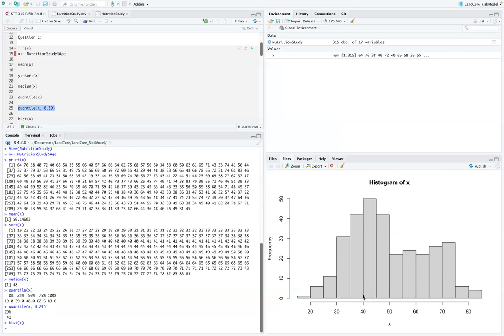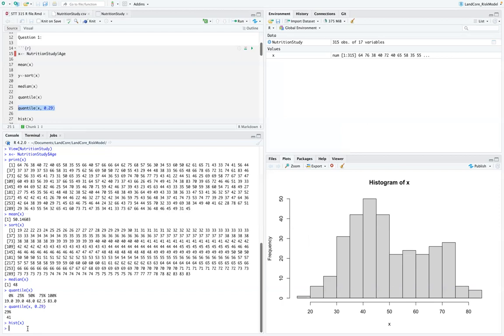It depends on the bin width, but this is the frequency, so how many times that X shows up in the data.